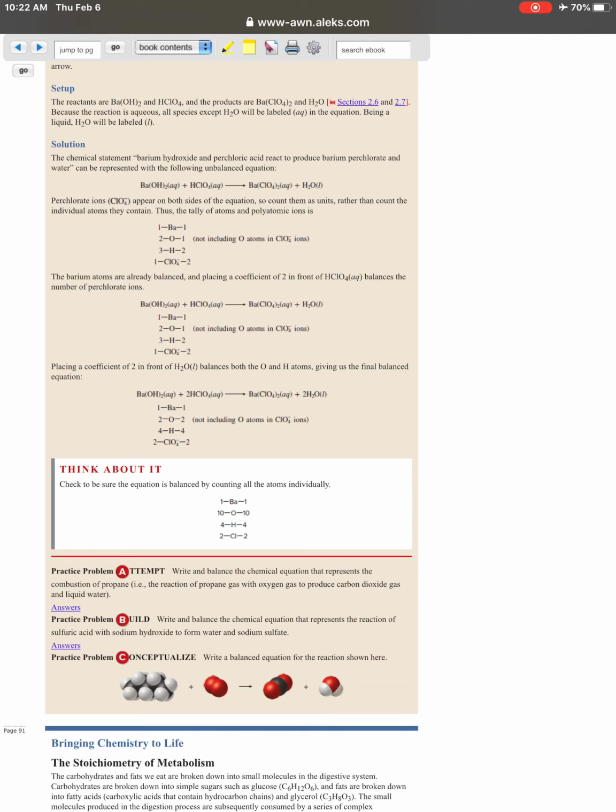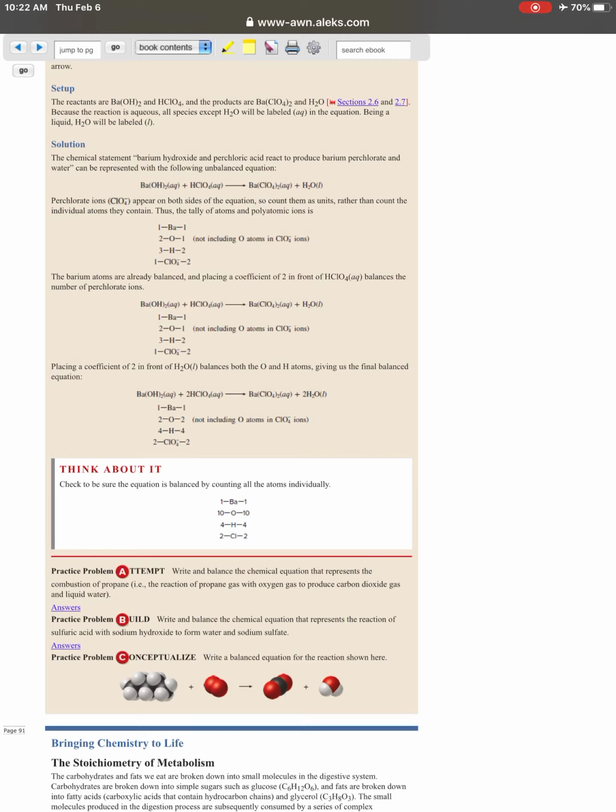So what I'm going to do is count the number of hydrogens on the left, 2 hydrogens on the left for the Ba(OH)2, and 2 on the second substance, HClO4, because there's 2 of them. So that's 4 hydrogens. On the product side, there's no hydrogens in the barium perchlorate, but there's water. Water has 2. So if you put a 2 in front of the water, that gives you 4 hydrogens. So now you got 4 hydrogens on both sides, and now you've got a balanced equation.